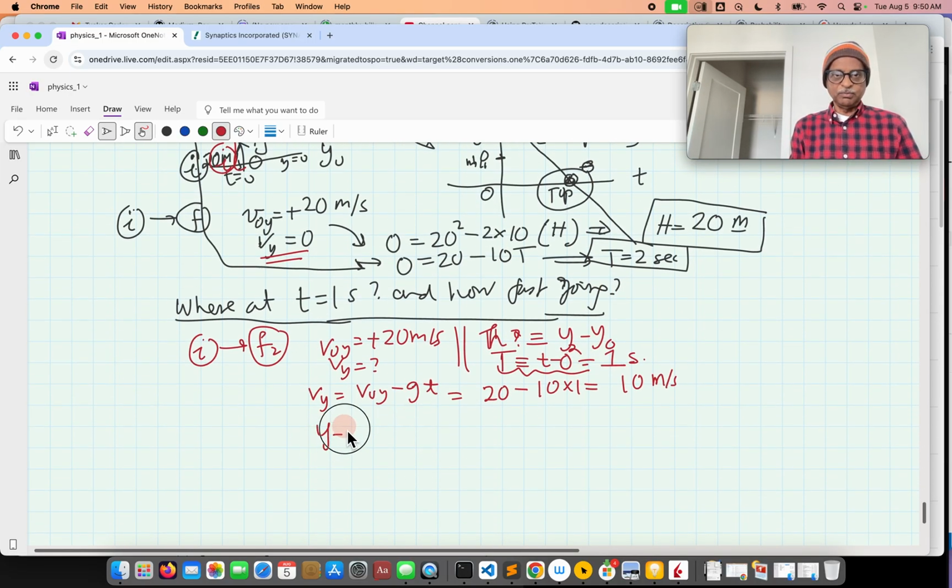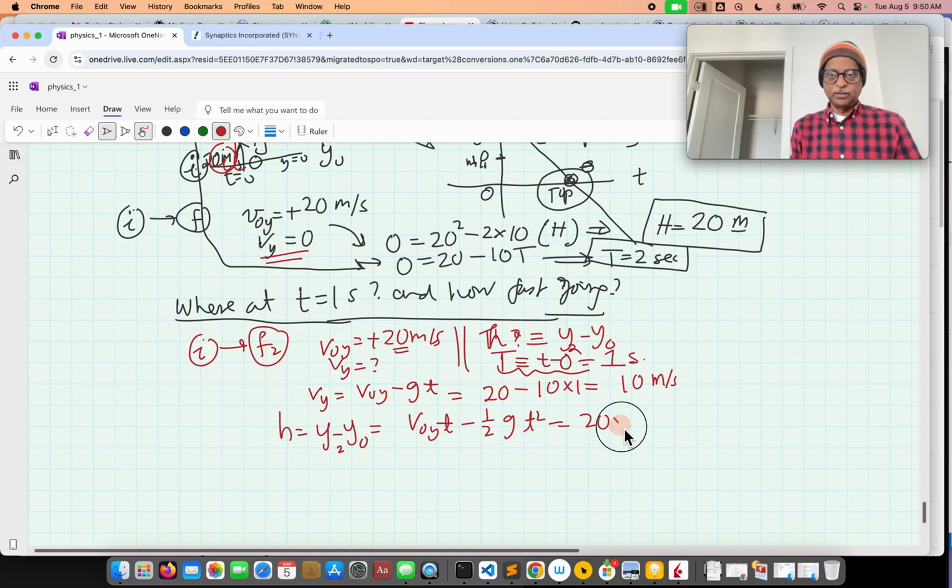So y minus y0 is equal to v0y t minus half g t squared, and that's 20 times 1 minus half times 10 times 1 squared, which is 15 meter.